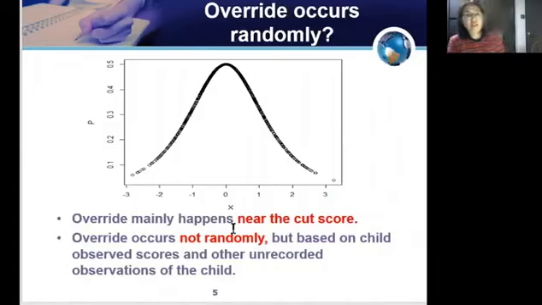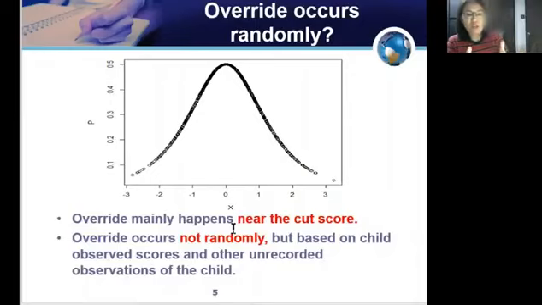If you have a certain principle for the kids who are supposed to have A's or B's or F's, and let's say you have too small a number of A's, in that case, you're really tempted to override the ones located at B's to move up to A, right? Just like that, override does not happen randomly. Override happens around the cut score all the time.